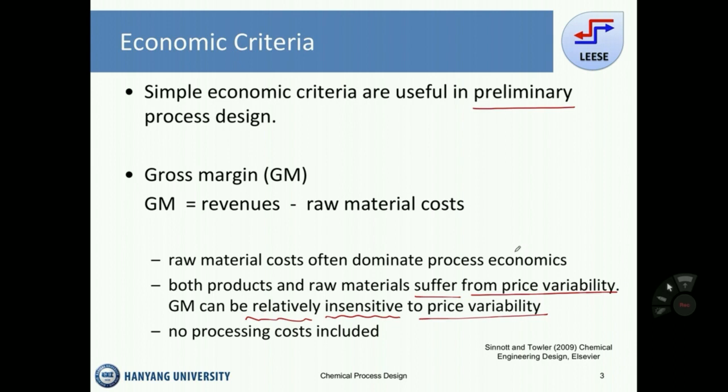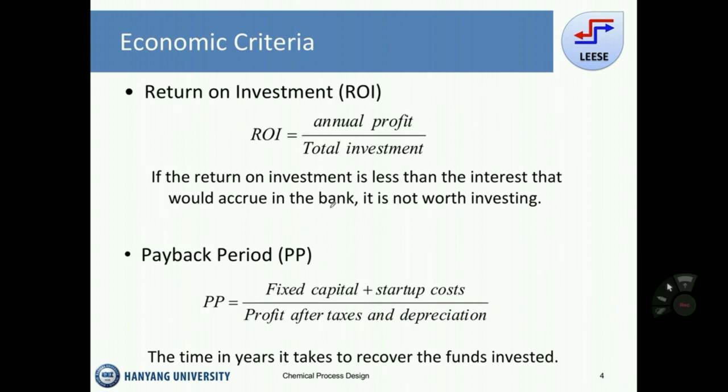Okay, so the gross margin is one of the things we can use in the early stage of process design. The second economic criterion is given as return on investment, and the third one is payback period. Okay. So return on investment is given on the slide as annual profit divided by total investment.